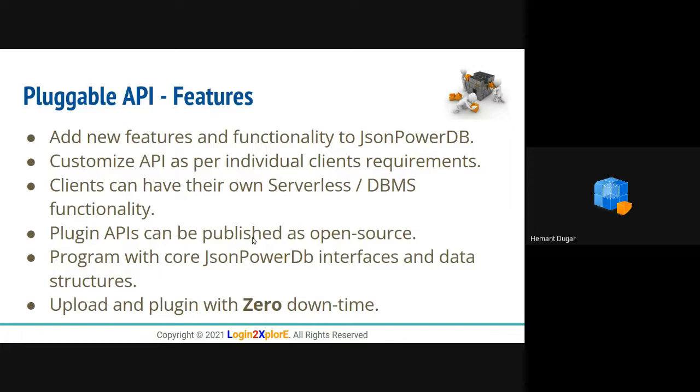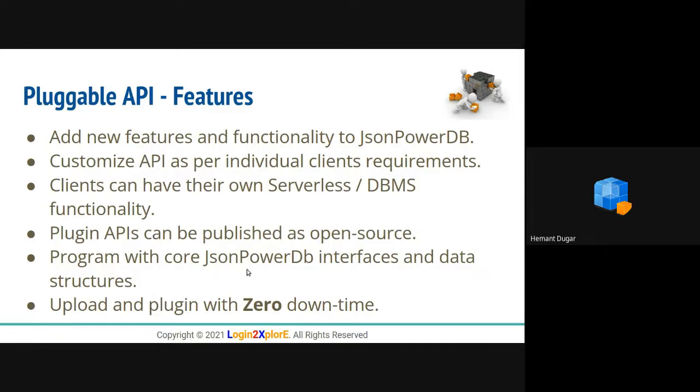Those APIs can be created as open source and published on GitHub. So anybody can download that pluggable API and insert it into their JSON Power DB instance to use it. This is one example, and this is our plan of action. We will be coming out with this kind of stuff soon.